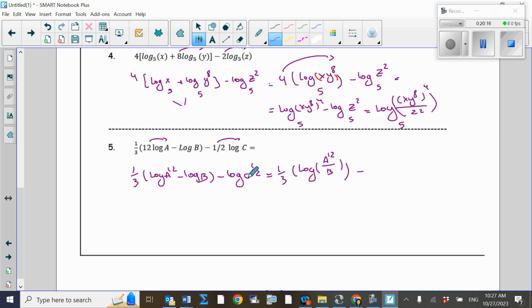minus, if I have a power which is a fraction, I can rewrite that as a square root because the index is 2, so square root of c. Next, I'm going to move the 1/3 as the power of this fraction, this argument that I have here. So that's log of a to the 12 over b to the power of 1/3 minus log of square root of c.